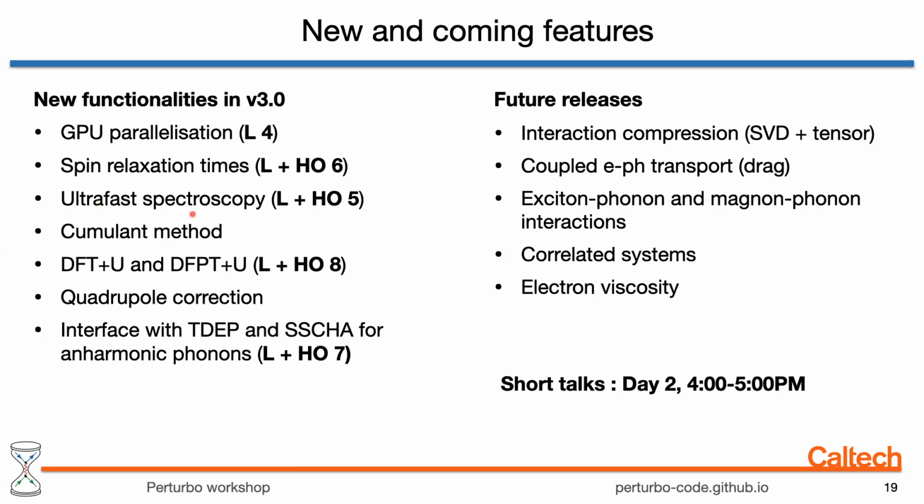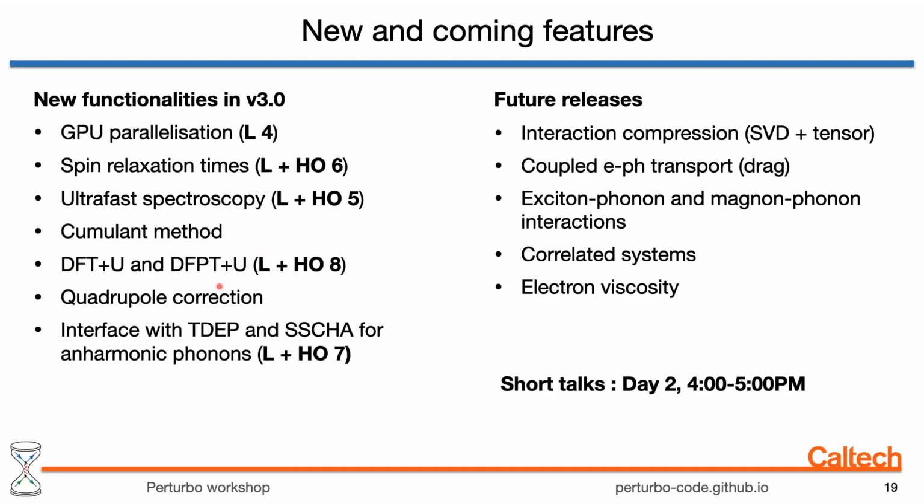There's also the ability to calculate ultra-fast spectroscopy. We've also implemented the cumulant method, which allows you to do transport calculations in materials that aren't well described using purely quasi-particle or Fermi liquid approximation.